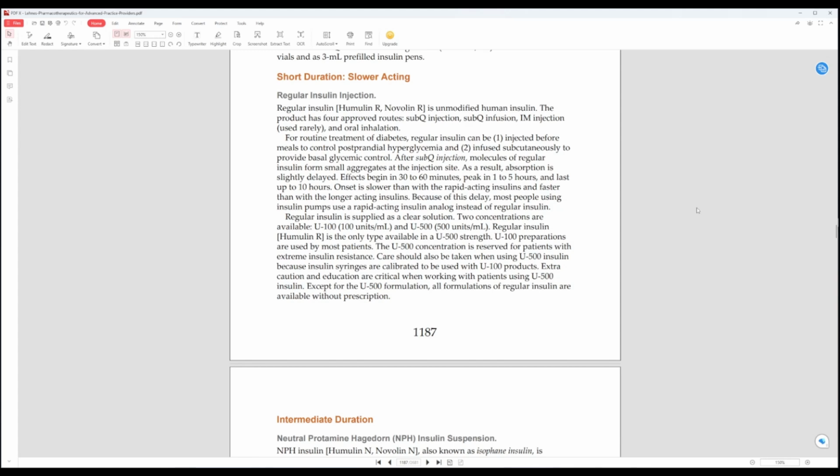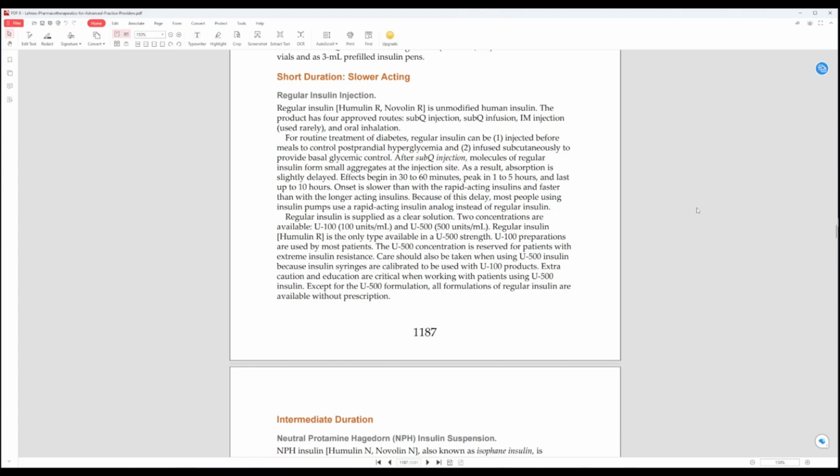Regular insulin is supplied as a clear solution. 2 concentrations are available, 100 units or 500 units per ml. Regular insulin is the only type available in 500 units per ml. The U100 preparations are used by most patients. The U500 concentration is reserved for patients with extreme insulin resistance.